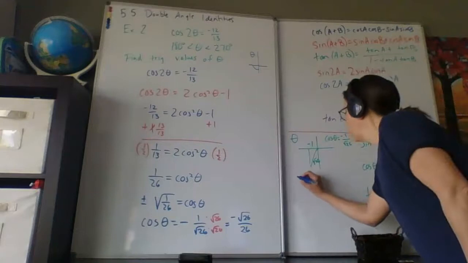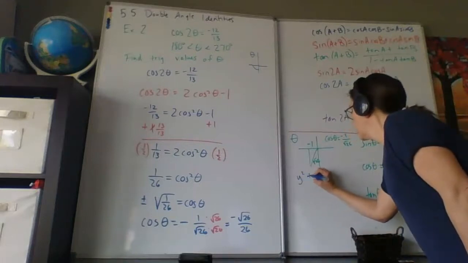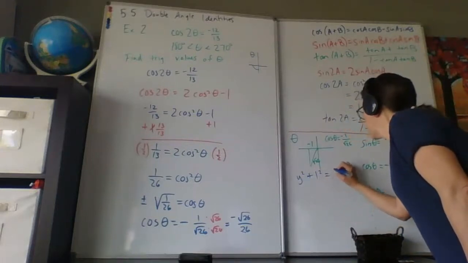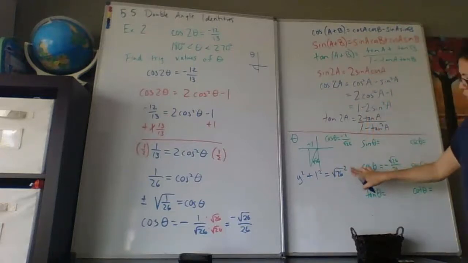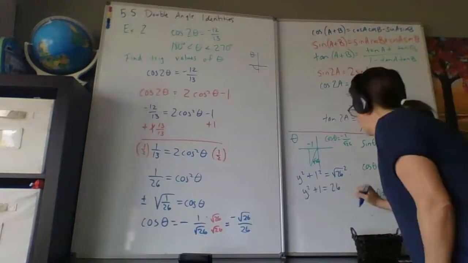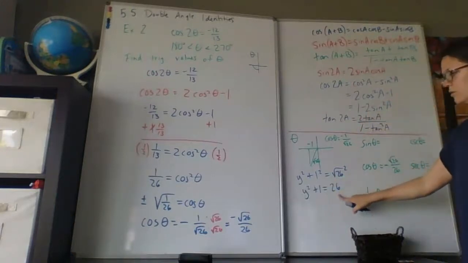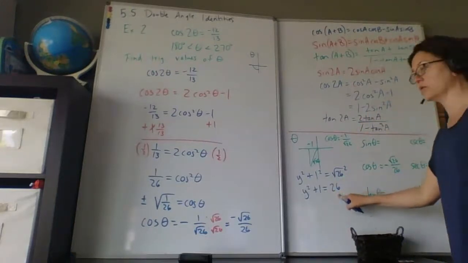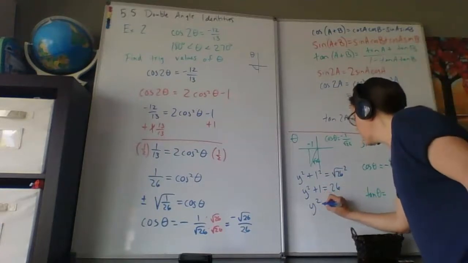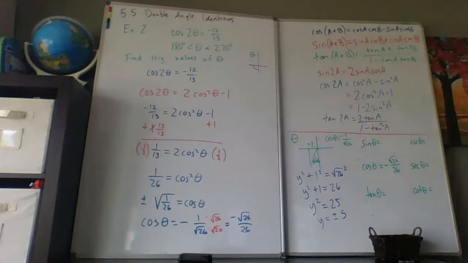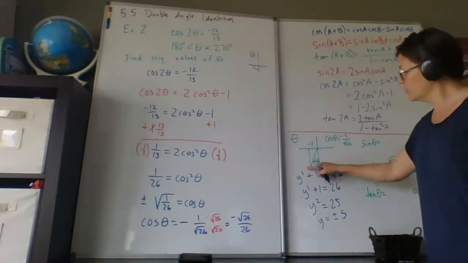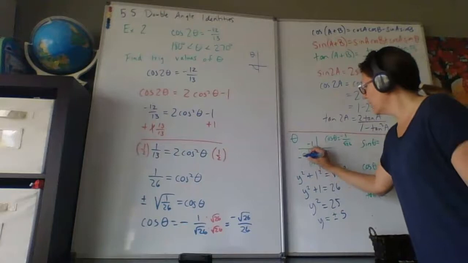So I solve for y, going y squared plus 1 squared equals rad 26 squared. So here the square and the square root cancel out. So I get y squared plus 1 equals 26. Subtract 1 from both sides, and y squared will be 25. Therefore, y is plus or minus 5, and since I'm in the third quadrant, my y will be negative 5.